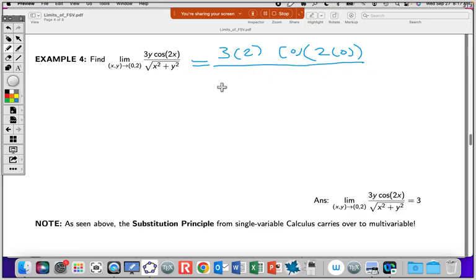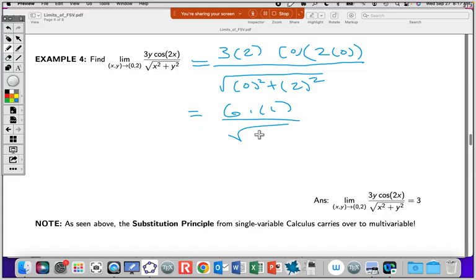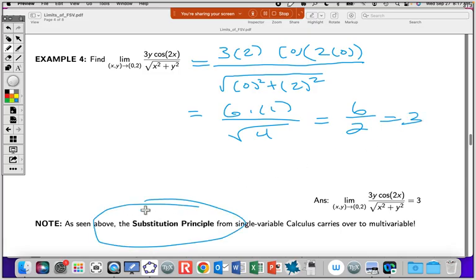X squared is getting close to 0 squared. Y squared is getting close to 2 squared. And since all of this makes arithmetic sense, we're not trying to divide by 0, we don't have any negatives under that radical, we can go ahead and just simplify. 6 times the cosine of 0 is 1 over the square root of 4. So 6 over 2 is 3.